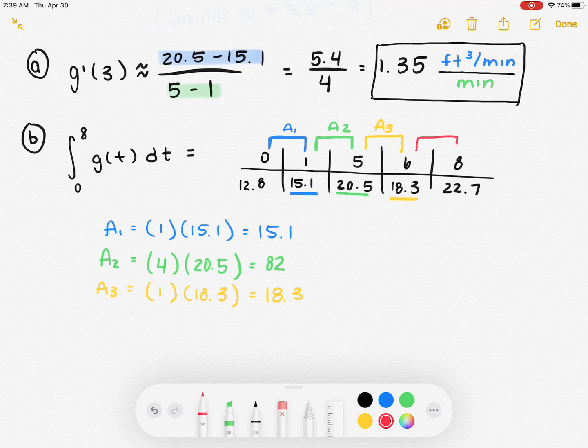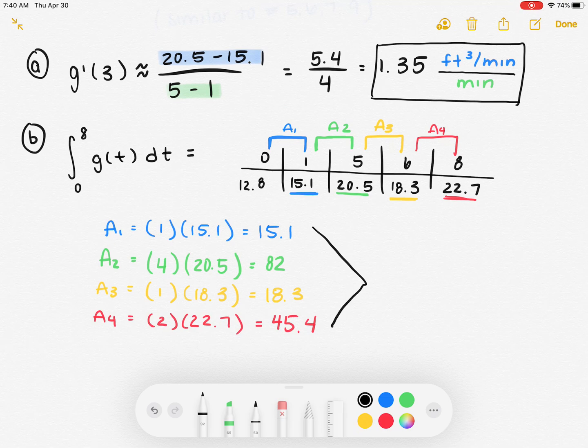And then my last one has a base of 2, because 6 and 8 are 2 apart, and a height of 22.7, which gives me a total area of 45.4.